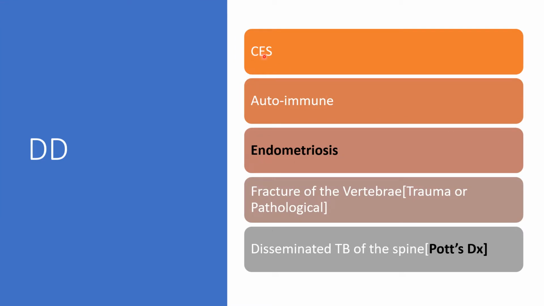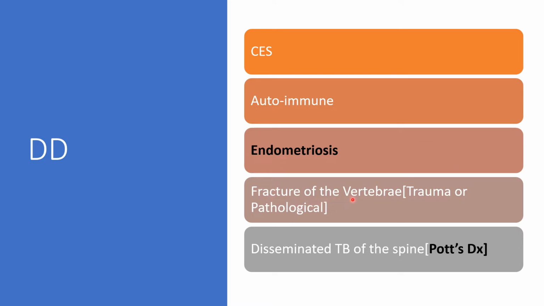Might be Cauda Equina Syndrome. I will also delve into further details as per Cauda Equina Syndrome. Might be autoimmune condition, like I've alluded to just a while ago, that might be rheumatoid arthritis. Endometriosis can present with back pain.